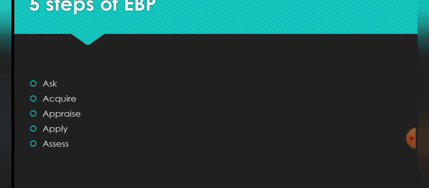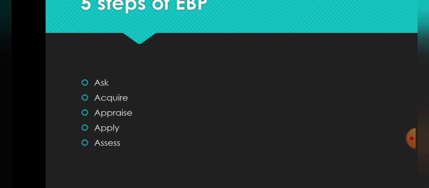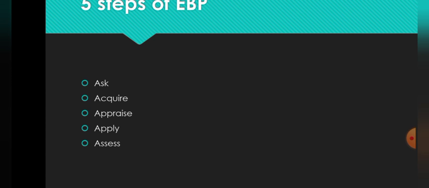The 5 steps of EBP are: first, ask, define your problem; second, acquire, search for the information; next, appraise the result of your research; apply, once you have a satisfactory amount of evidence, you will apply it to your situation; and assess, finally, you need to assess the results of your intervention, program, and policy.